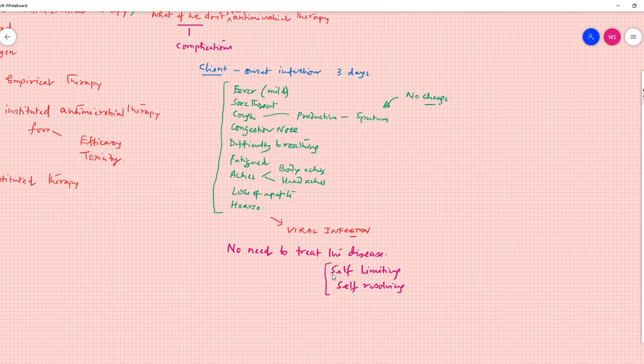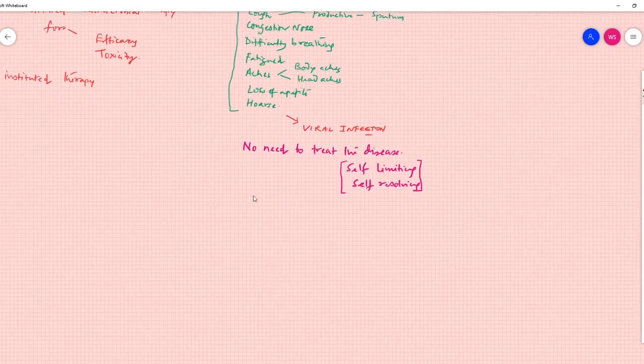Okay, provided the patient has got a functioning immune system. Okay, so what do you need to do then? Well, you're not going to treat the disease, say, this rhinovirus infection. Okay, so you're not going to give an antimicrobial drug.